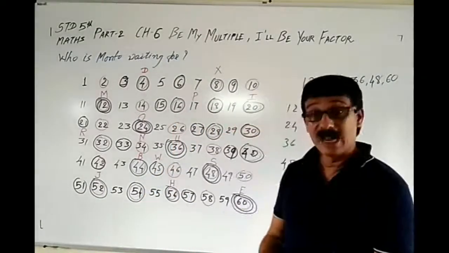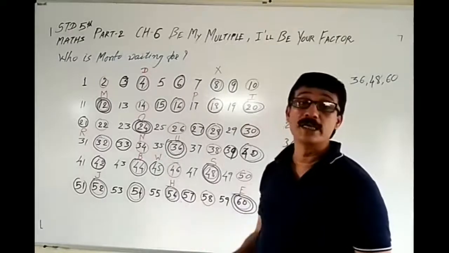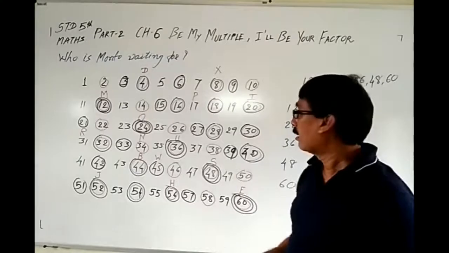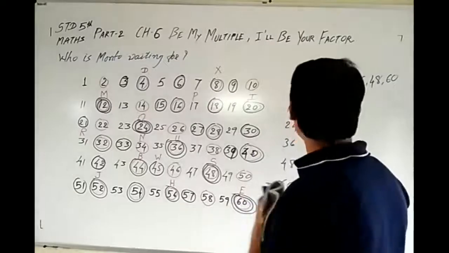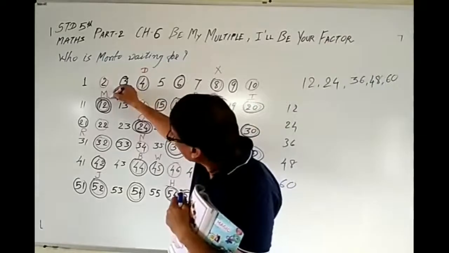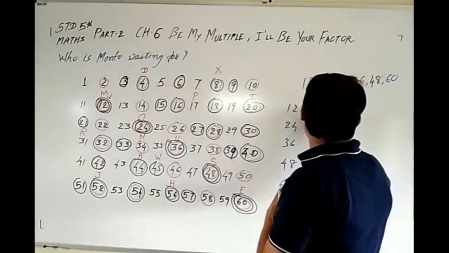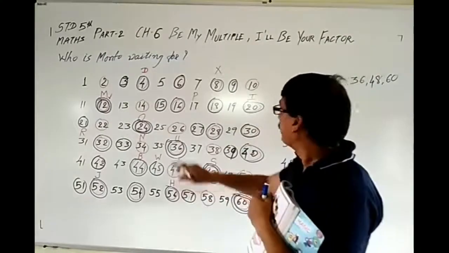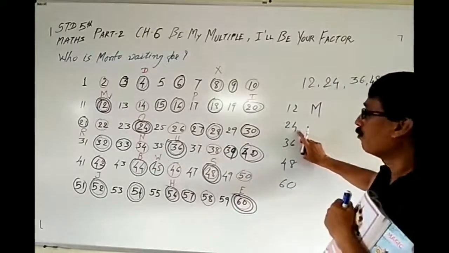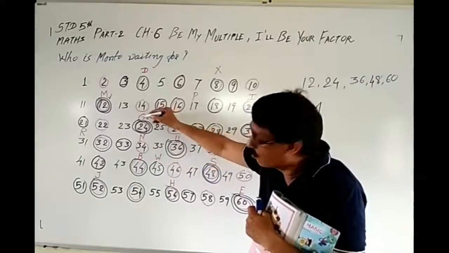are there. Now the last question is write those letters below in order. Now let's see which letters are there. On 12 there is M. Can you see? On 12 there is M. So let me write M. Then which number is there? 24. On 24 there is O. Can you see O over here?